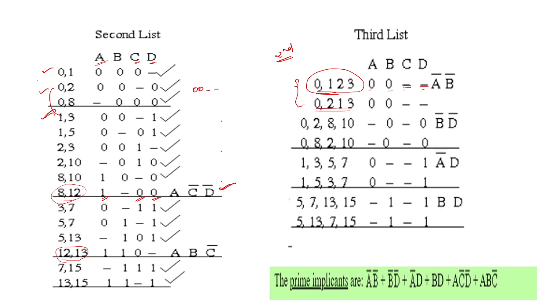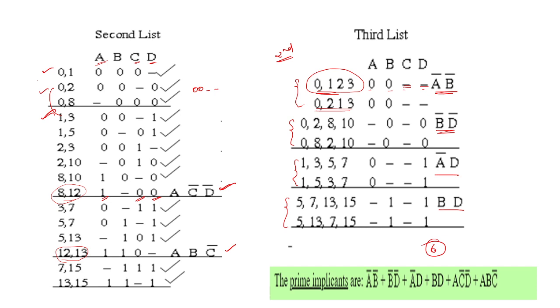These two are common. Similarly, these two are common. These two are common. So we can write only 4 minterms: A bar D bar, B bar D bar, A bar D, and B D. And these 3 minterms. So totally we are having 6 prime implicants available here.